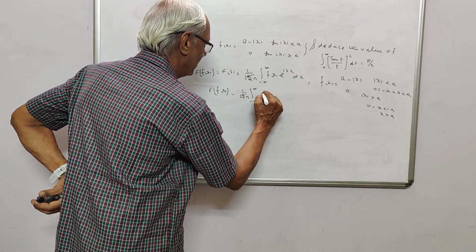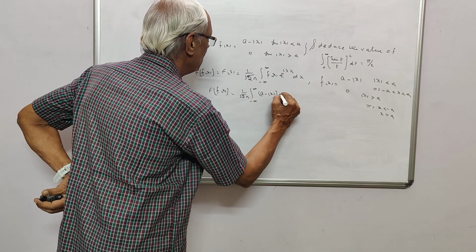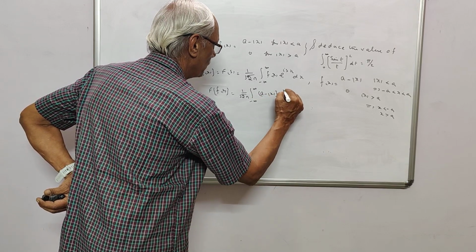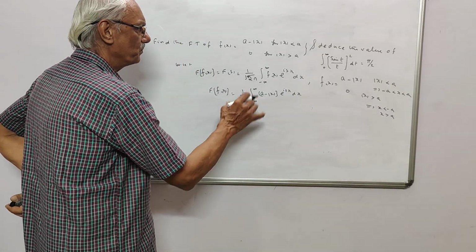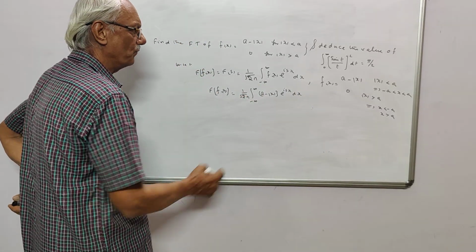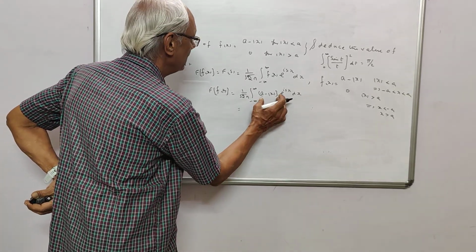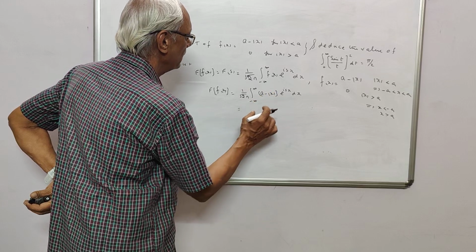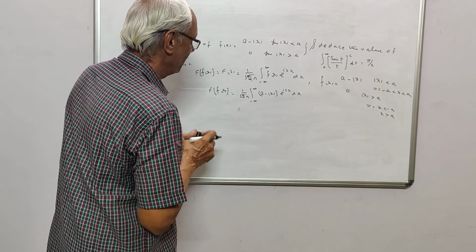Your f of x is a minus modulus of x into e to the power of isx dx. I have simply substituted the value of f of x in this place.